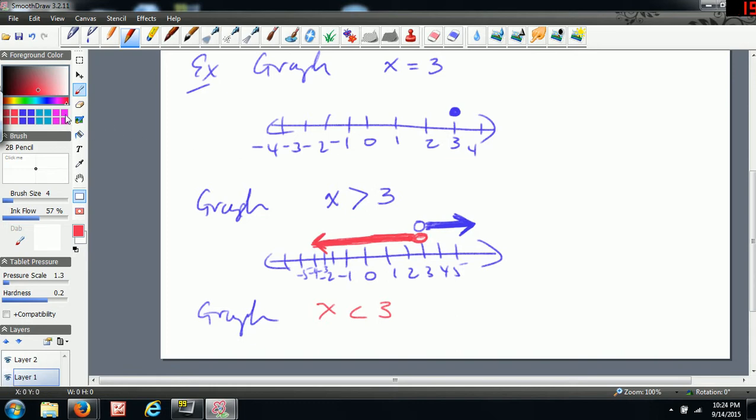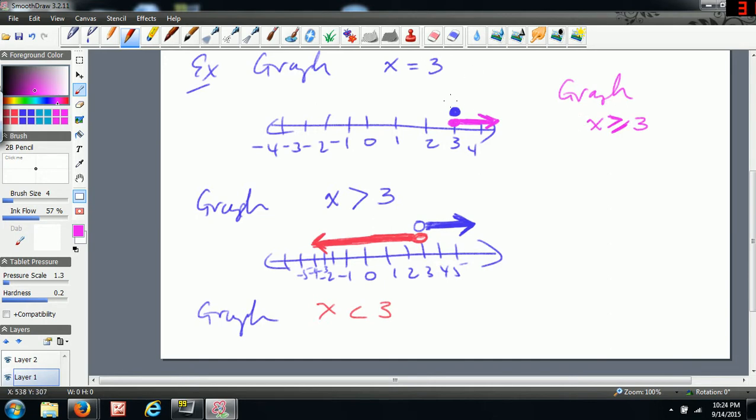If we were asked to graph x is greater than or equal to 3, then we would have a point at 3 that would be shaded in because it's got the equal to sign. That's what determines if it's shaded in or not. And then everything greater than, so an arrow going in that direction.